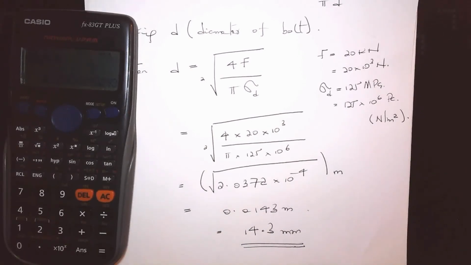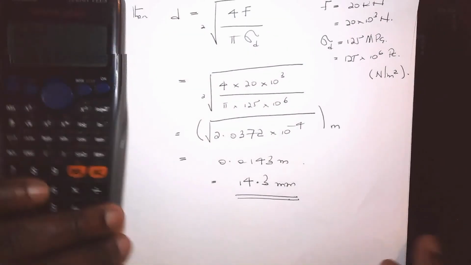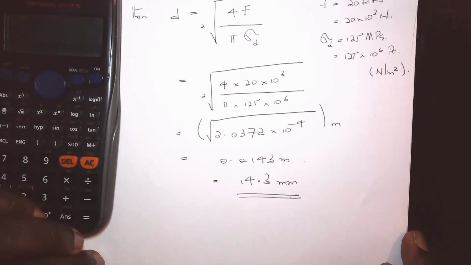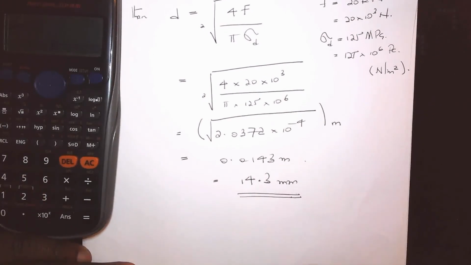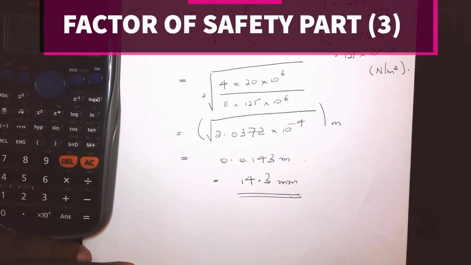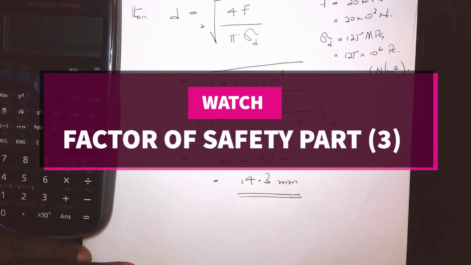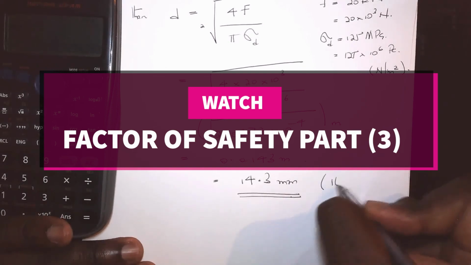So this is the minimum size requirement. But if we're assuming that we're not going to be fabricating this bolt, then we need to look for the nearest possible stock size by rounding this number up. If I recall, there isn't a standardized 15 mm bolt size that you can get off the shelf. So the nearest possible metric size bolt will be about 16 mm.